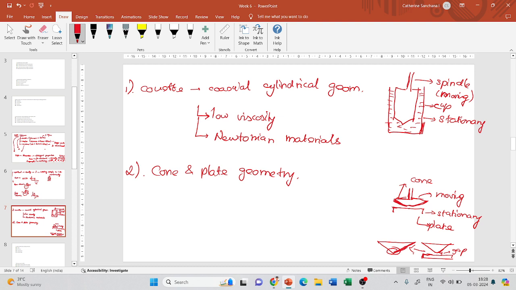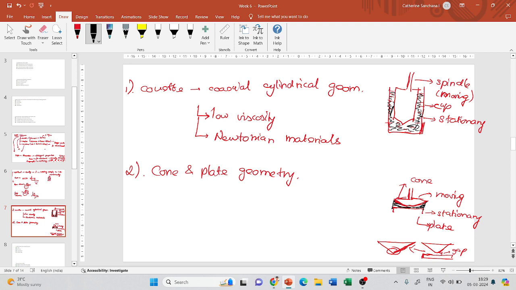Okay. Here where will your sample be filled? Here in this case the sample is filled here. And in this case the sample will be filled here. Okay.